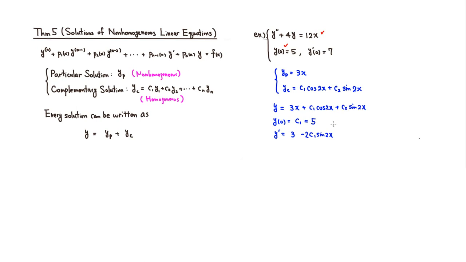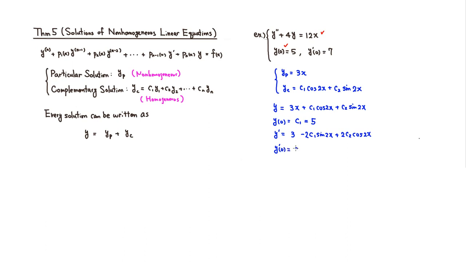And the derivative of c2 sine of 2x would be plus 2c2 cosine of 2x.